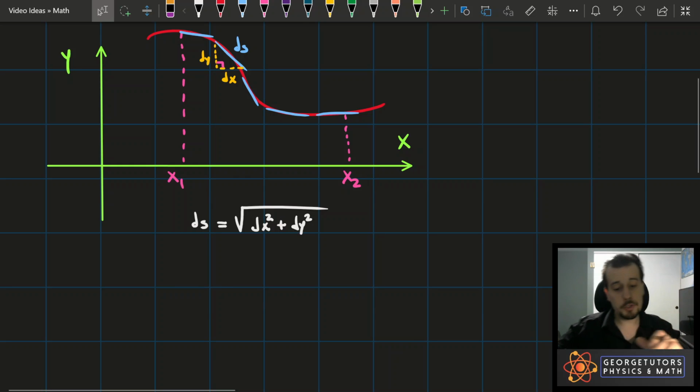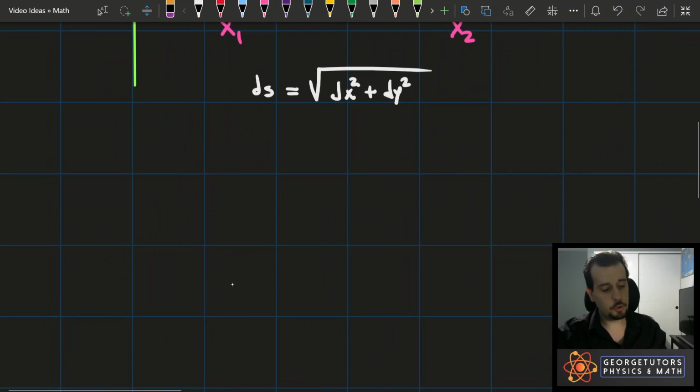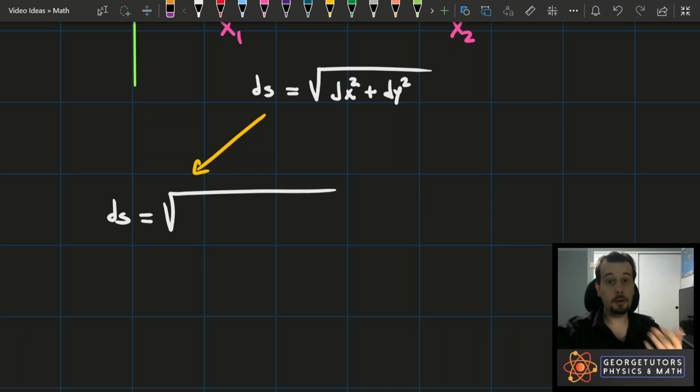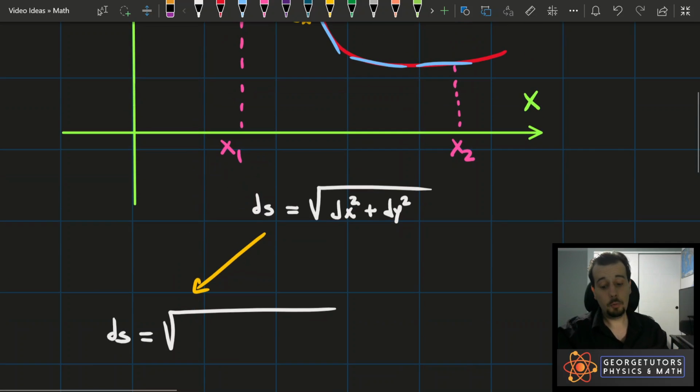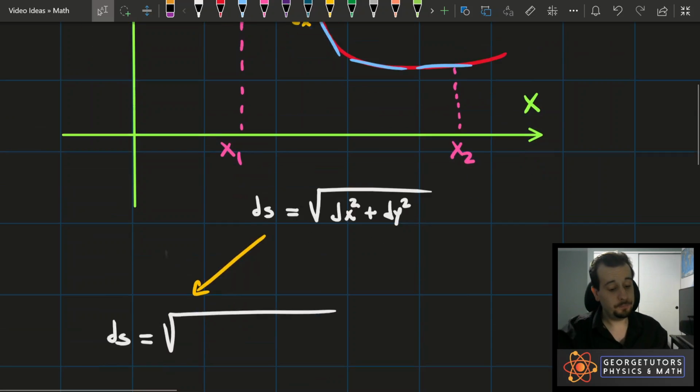Let me show you first how it looks if you try to do Cartesian coordinate arc length right now. You might find that handy. So how do you do it? Basically all you need to do depends on which variable you're going to be integrating. Right now, we are seeing here that we're going to be integrating with respect to x. So we want to have a dx at the front of our integral.